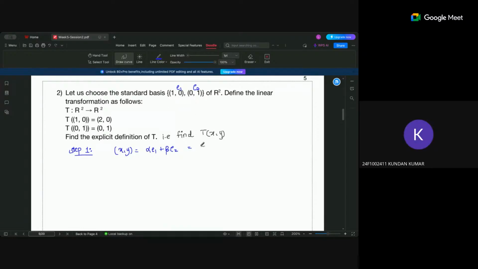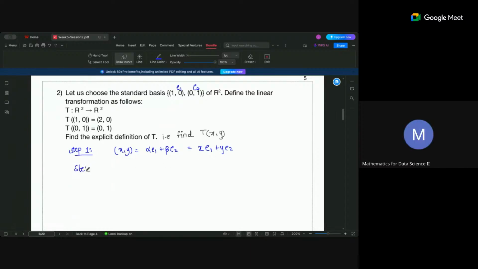Alpha is x, beta is y. I'm just asking for x comma y. So x e1 plus y e2. That's all, right? Okay. That's fine.